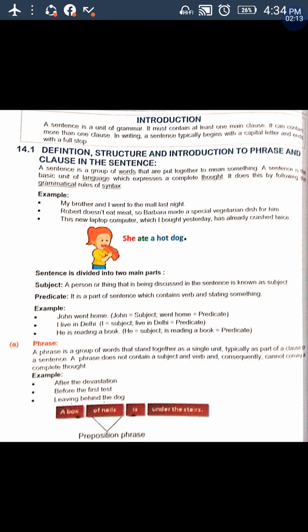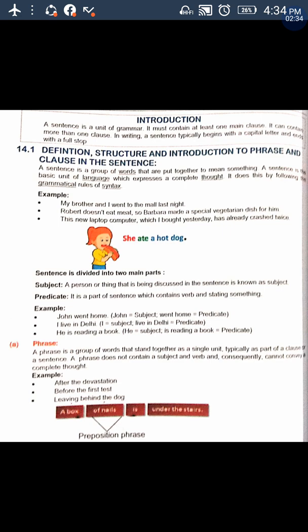Now see here. What is a phrase and a clause? A phrase is a group of words that stands together as a single unit, typically as part of a clause or a sentence.